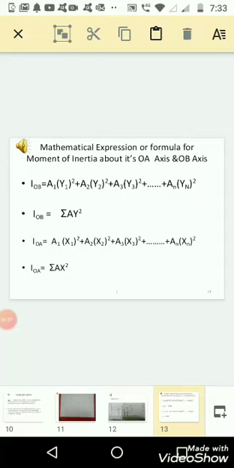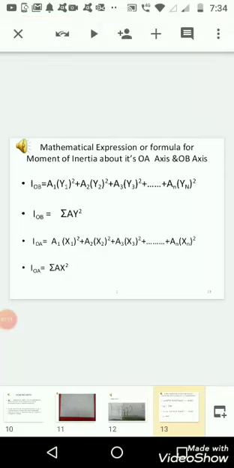Similarly, IOA is equal to A1 x1 square plus A2 x2 square plus A3 x3 square and so on till An xn square, which can be written as IOA is equal to summation A x square. Next slide.